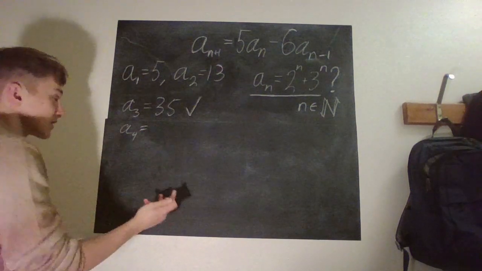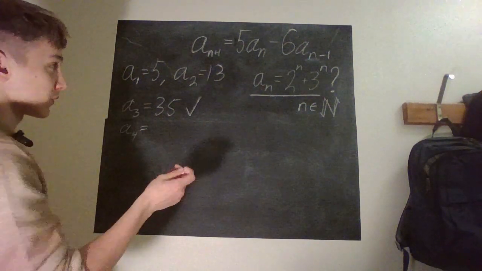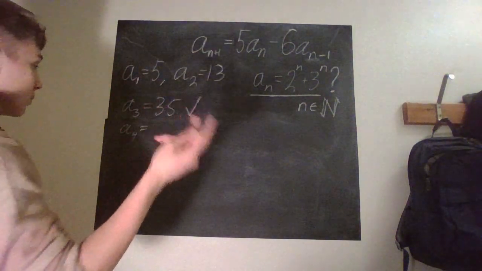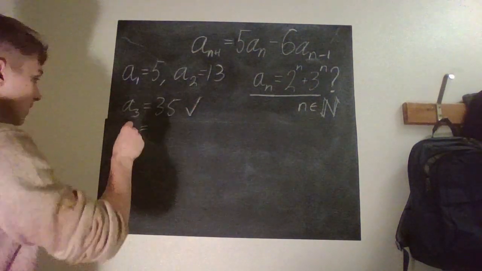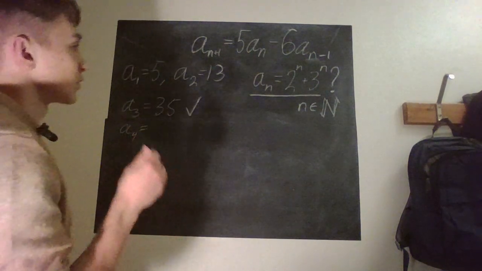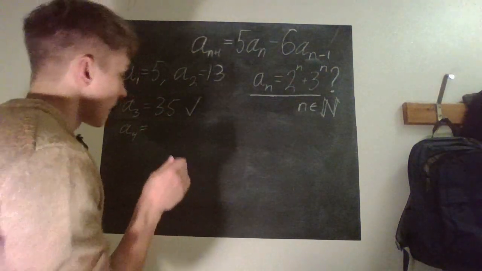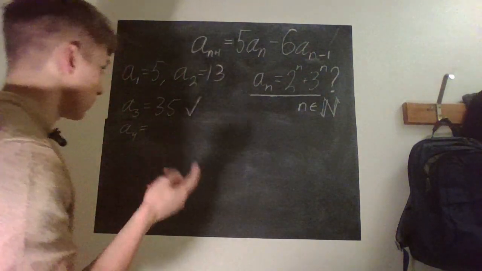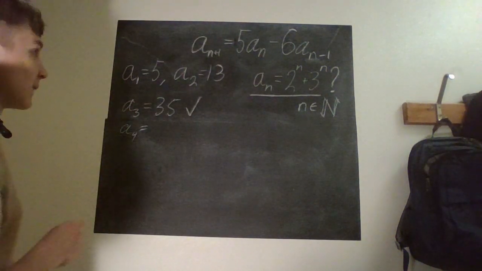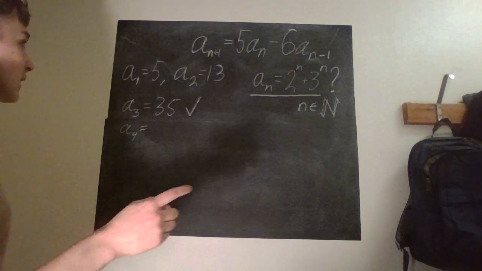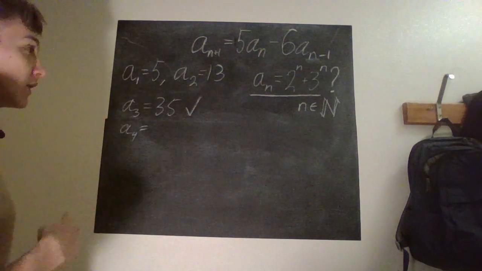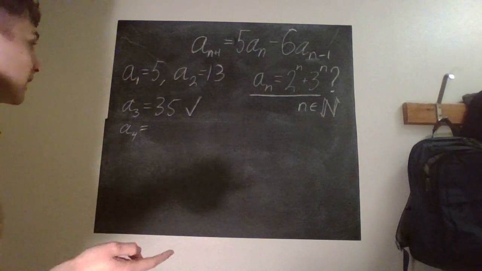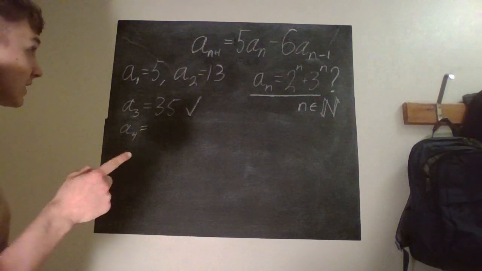So we need two cases that are verified, so that we can justify our two induction hypotheses. So what is a_4? It should be 2 to the power of 4 plus 3 to the power of 4, which is 16 plus 81, which is 97. And it should also be 5 times 35, which is 175, minus 6 times 13.